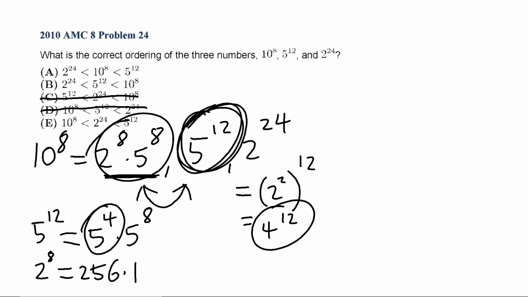But this one has 5 to the 4 times as much as this one in terms of 5's. So really you have to compare the numbers 5 to the 4 and 256. So 5 to the 4 is actually 625. If you compare 625 and 256, you'll find that 625 is greater, which means that ultimately 5 to the 12 is greater than 10 to the 8.